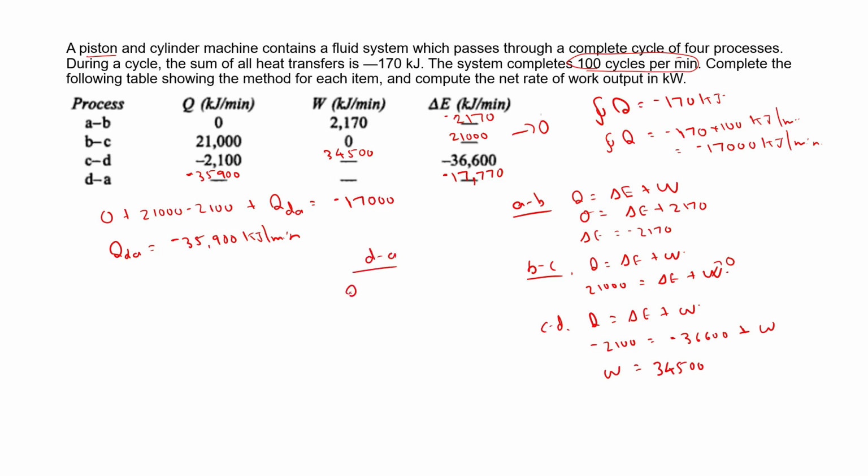So that means for process dA, Q is equal to delta E plus W. So that means this is minus 35,900.